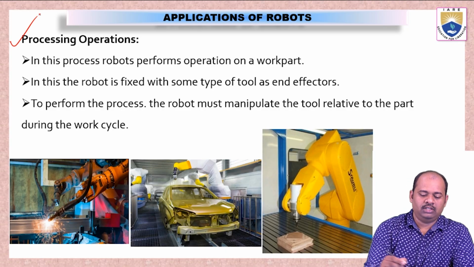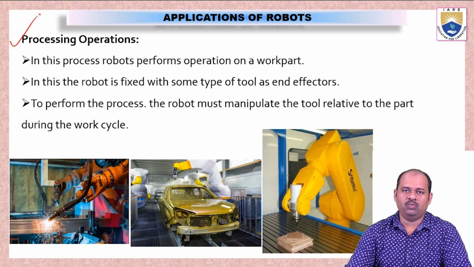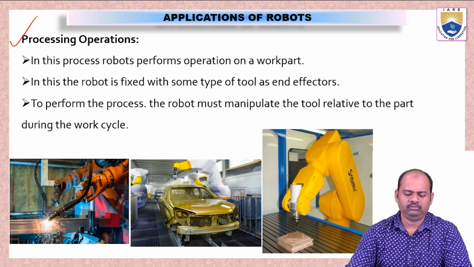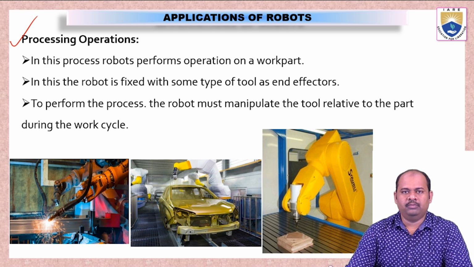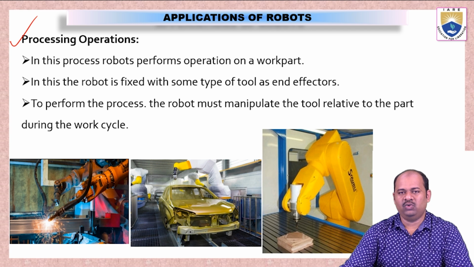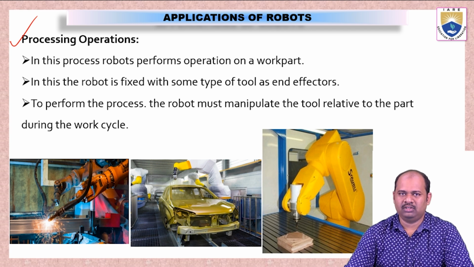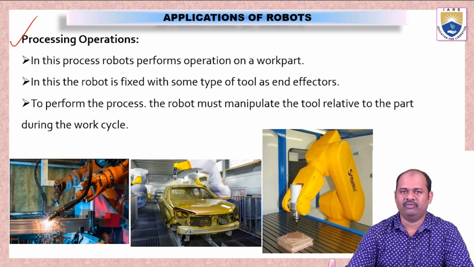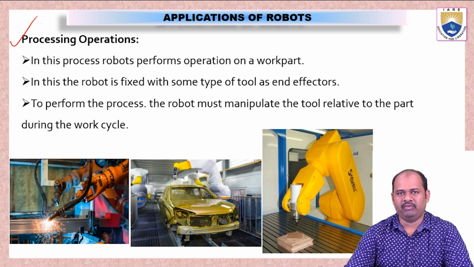First, there are some processing operations where robots are being used. Mostly these are the industrial robots which we are studying. These robots have a robotic arm. The robotic arm is fitted with an attachment called an end effector.